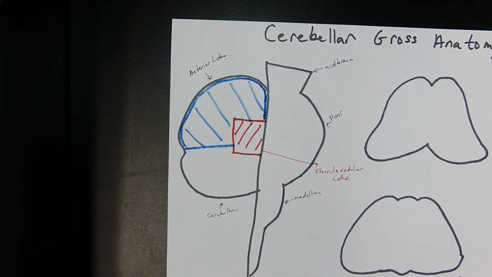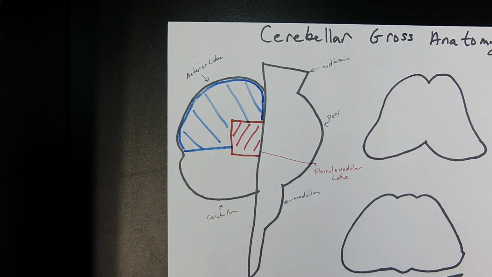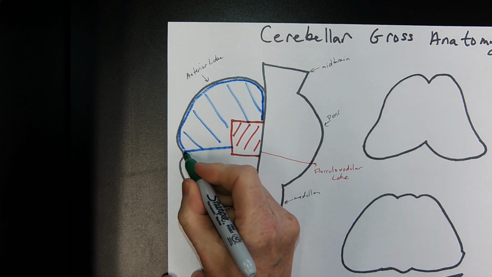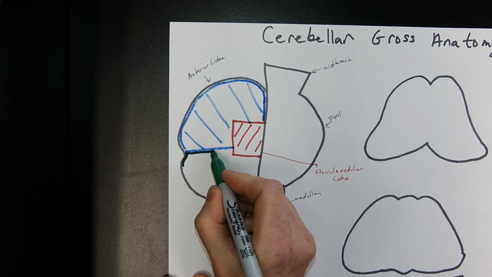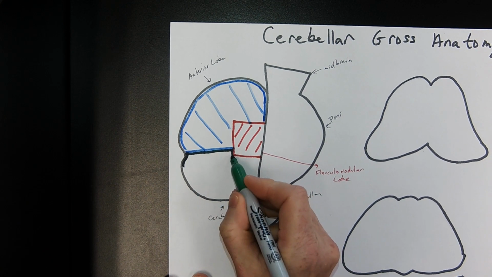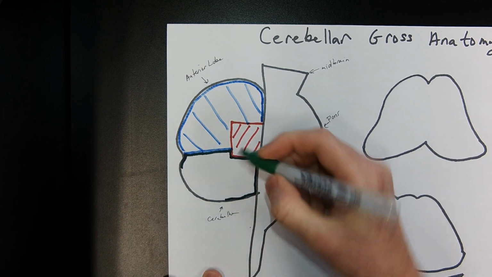A little bit easier than flocculo-nodular. Okay, so first part, tucked behind the brainstem, flocculo-nodular, on top, anterior lobe, and underneath the anterior lobe is going to be your posterior lobe. Okay, and that takes up the rest of the cerebellum territory.